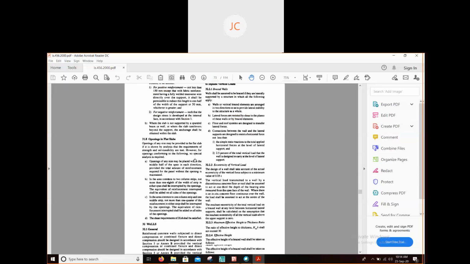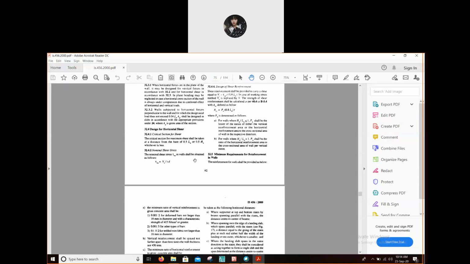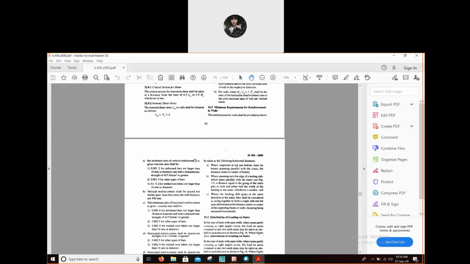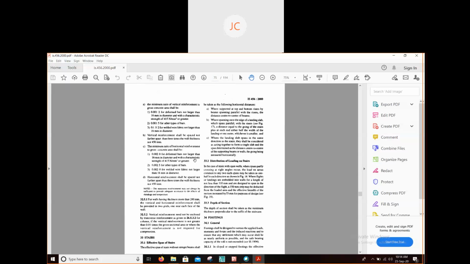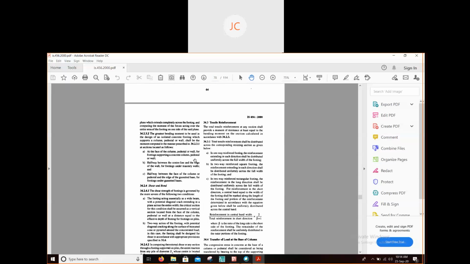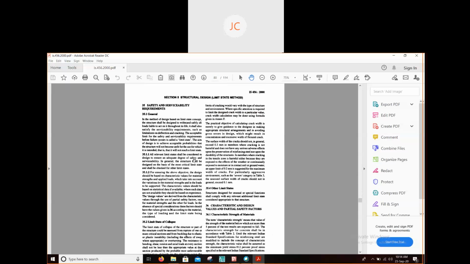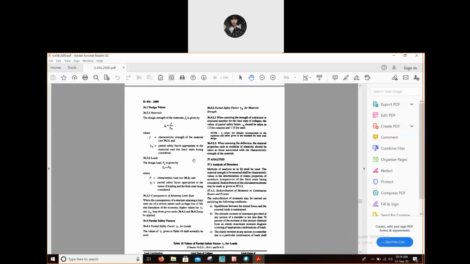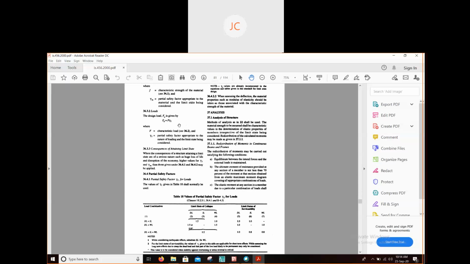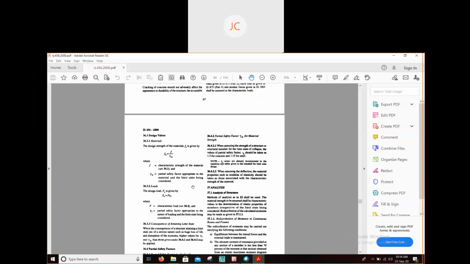Actually, at present I don't have the hard copy of the IS code, that's why it is difficult. Yes, limit state method. See this one, this is your Table number 18, this is our partial safety factor.